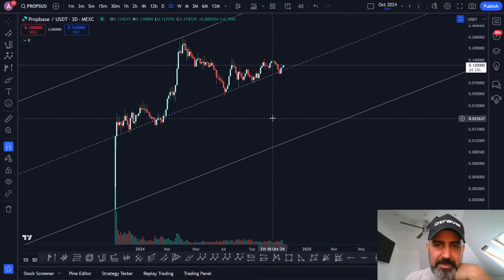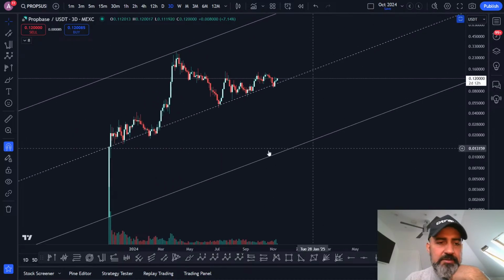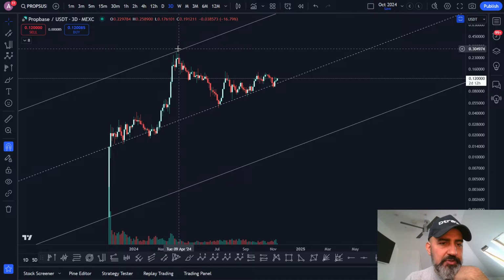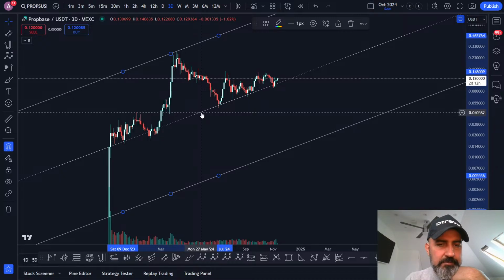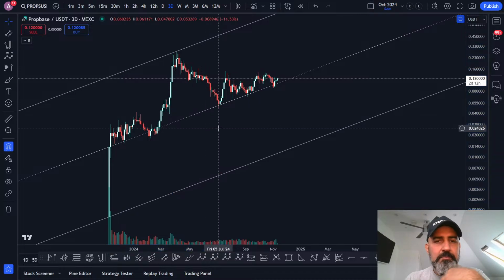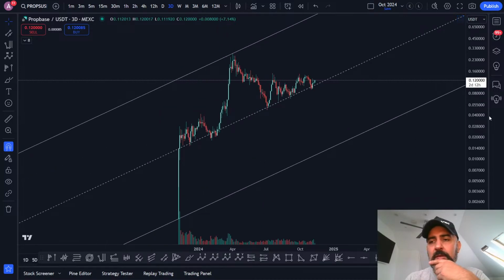The midpoint is, you see how I drew it, just from the launch price there to the top. I like this one.